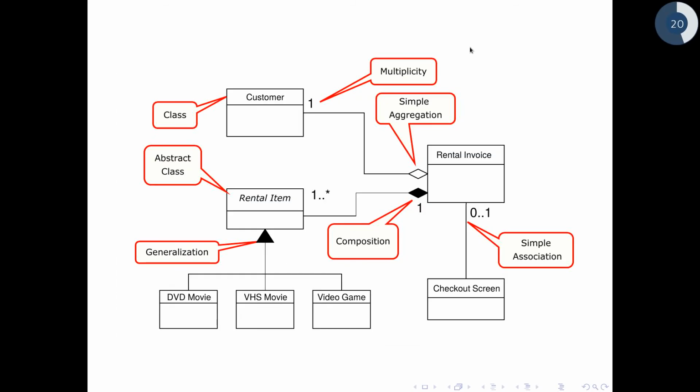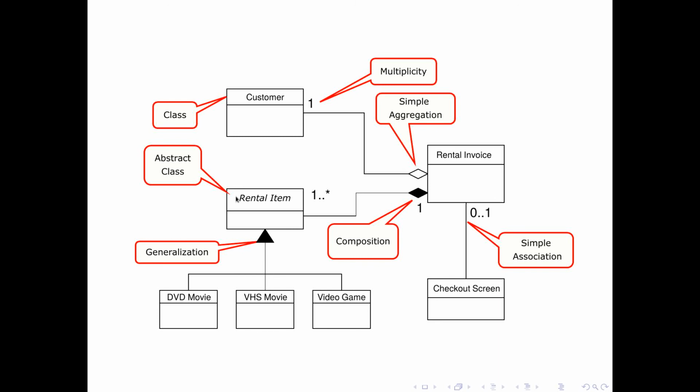Here is a little bit bigger diagram with more relationships. This is about a rental system, like Blockbuster. I don't know if you guys know Blockbuster; in the past people used to rent DVDs to watch movies before Netflix.